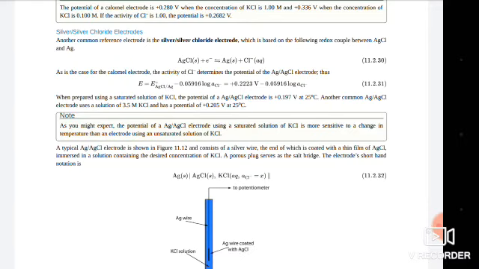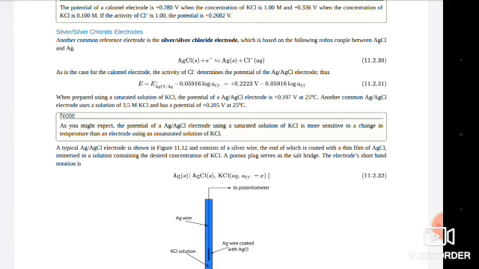So it is E equal to plus 0.2223 volt minus 0.05916 log of the activity of Cl minus.